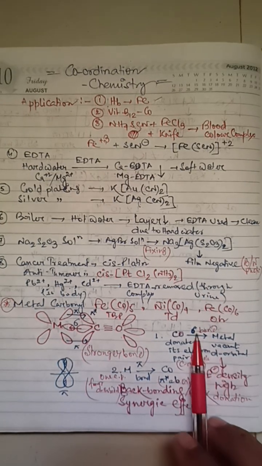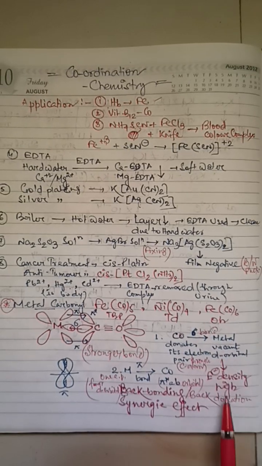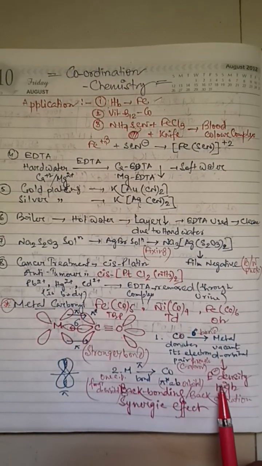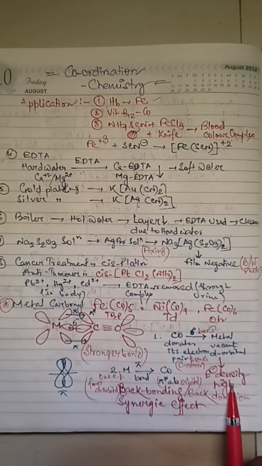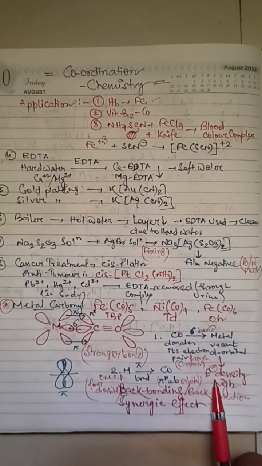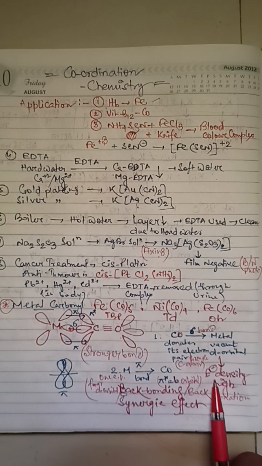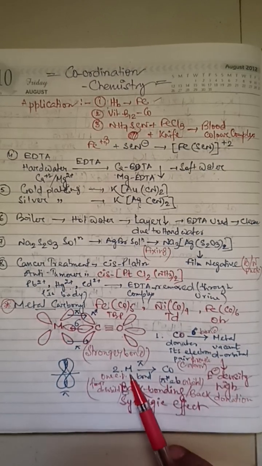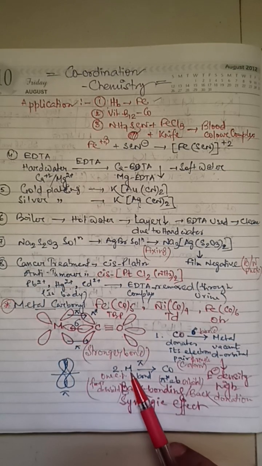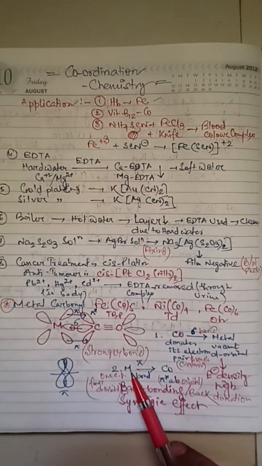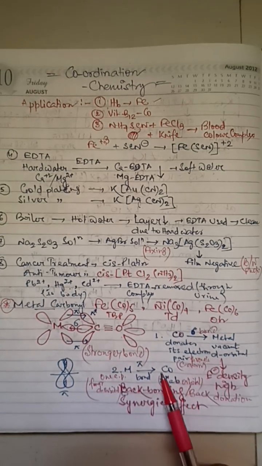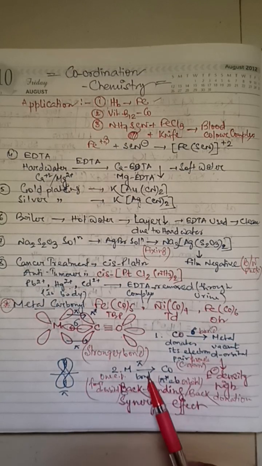Actually, when the sigma bond forms, the metal becomes highly electron dense, and one electron pair from a d orbital of the metal ion gets back donated to the pi star anti-bonding orbital of CO, forming a pi bond.